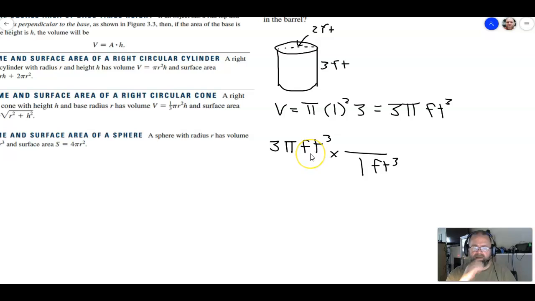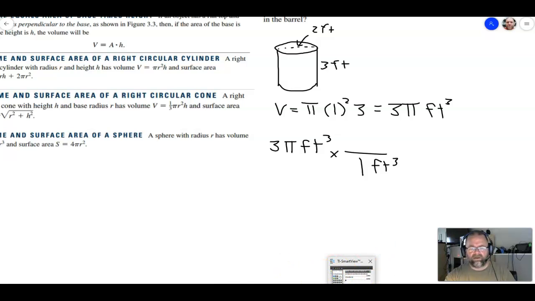I don't know how many cubic feet are in a gallon, but I can figure out how many cubic feet are in a cubic inch. So I can convert between cubic inches and cubic feet, because I know that there's 12 inches in 1 foot. So in order to find out, since this is cubed, I have to cube that 12 to figure out how many cubic inches are in 1 cubic foot.